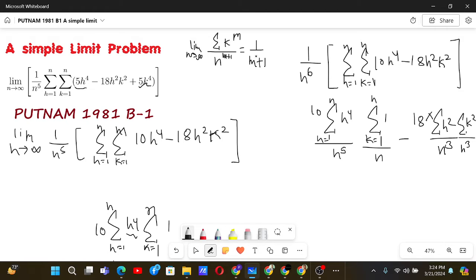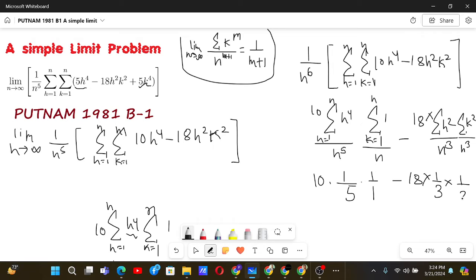You can easily validate this from the cases where m is 1, 2, 3. You can check from those cases and know this fact. And so that gives us 10 times 1 by 5, minus 18 times 1 by 3 times 1 by 3. So now this is 2 minus 2, this is 0. So this limit is basically 0.